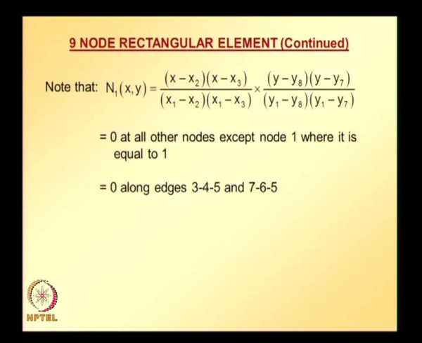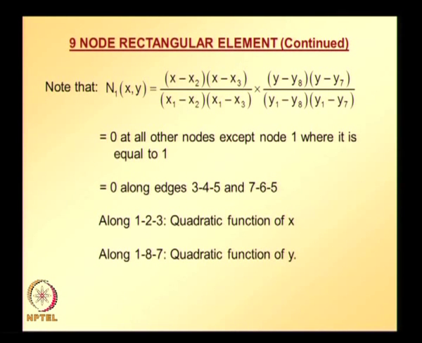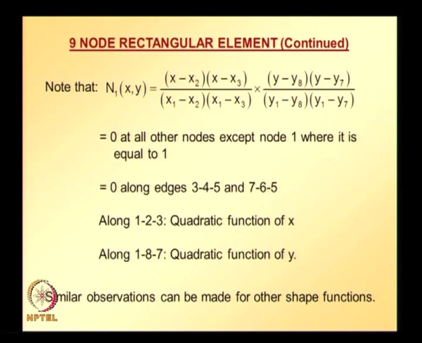It is 0 at all other nodes except node 1, where it is equal to 1, and not only for the shape function of node 1, similar observations can be made for the other shape functions.